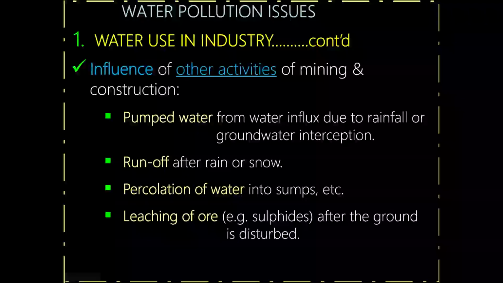Another thing is leaching of ore. If rocks are not disturbed, then as we have said even with gases, they are adhered to the rocks, and if you do not disturb them, the gas does not move into the work environment. These same rocks are safe if you do not disturb them under certain conditions.